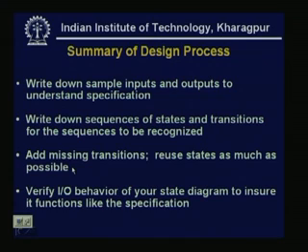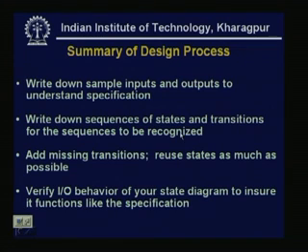Now if we summarize the full design process, what have we done? First, we wrote down the sample inputs and outputs to understand the specification. For the pattern recognizer, we wrote for what input patterns it will give output 1, and for the remaining inputs the output will be 0. Then we did the state transitions of the sequences to be recognized. For this particular example, it gives output 1 for only one particular input pattern.